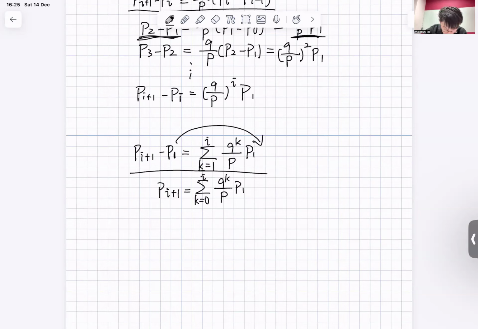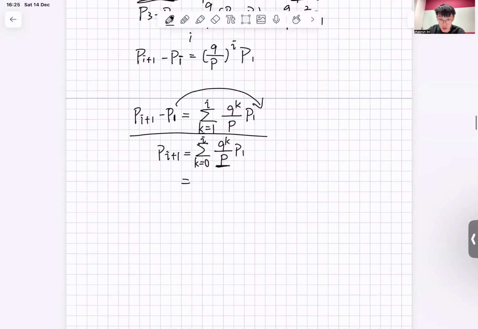So this is a geometric series, right? So we have Pi+1 equals to (1 minus (Q over P) to the i plus 1) over (1 minus Q over P) times P1.